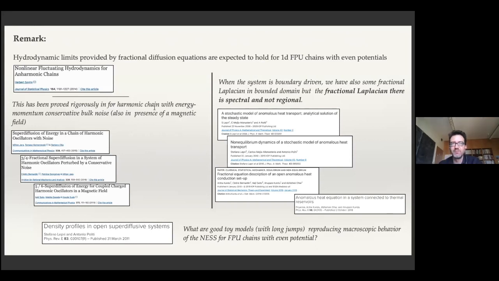A harmonic chain is a very bad model for diffusion, but you superpose some bulk noise which conserves energy and momentum, so that you introduce some kind of anharmonicity in your system without destroying too many things. In this case, you can apply this nonlinear fluctuating hydrodynamic theory, and it is consistent with the rigorous work that I present here.